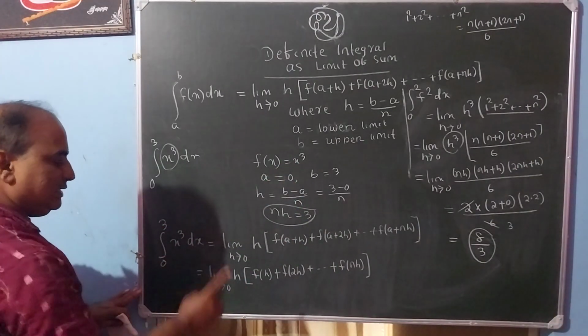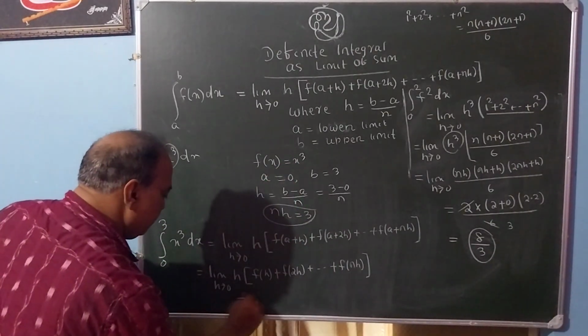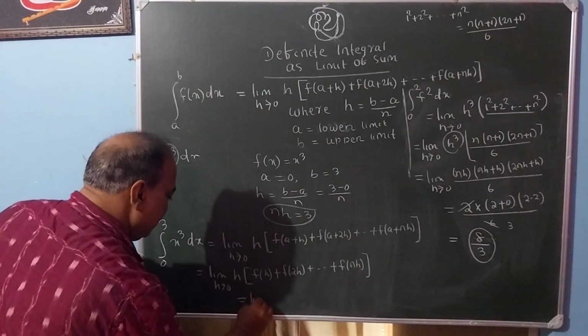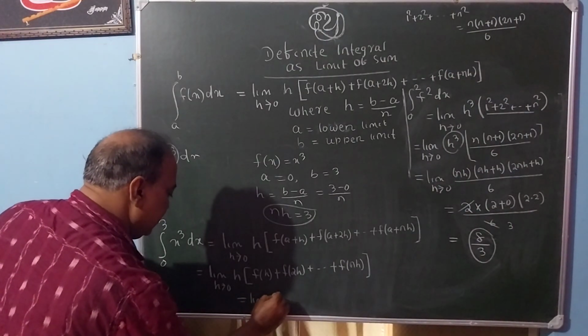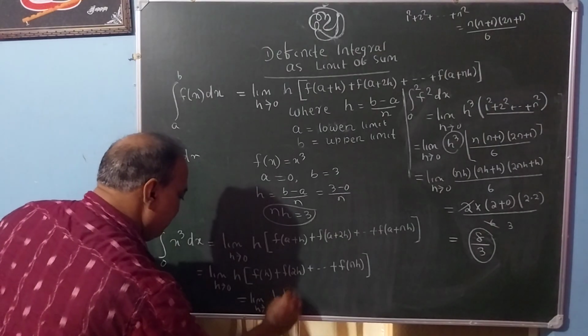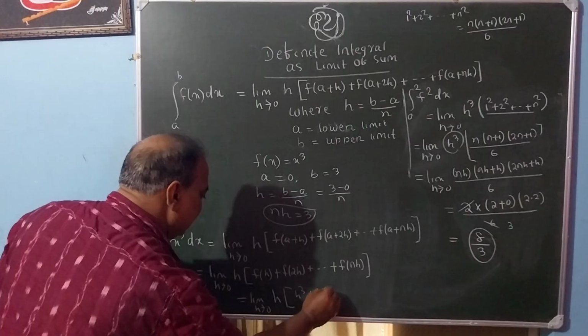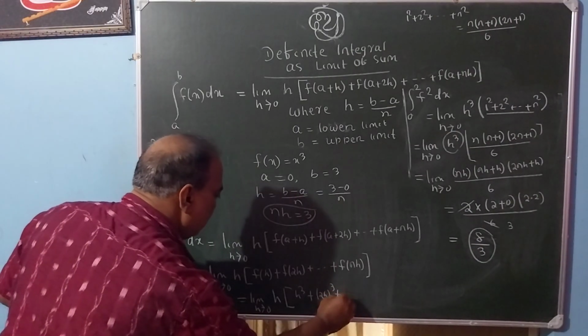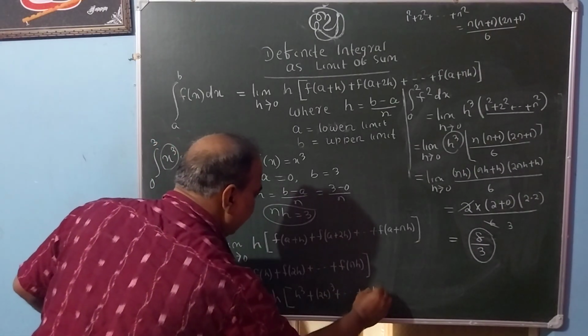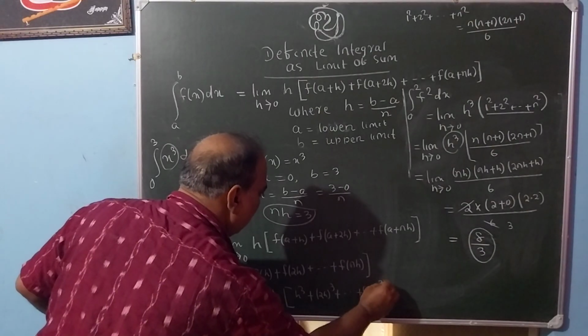What is f of h? That is h cube. Write down limit h tends to 0, h cube plus 2h whole cube, dot dot dot, nh whole cube.